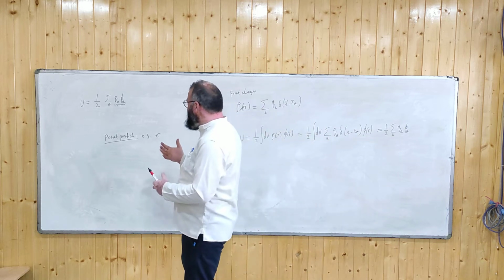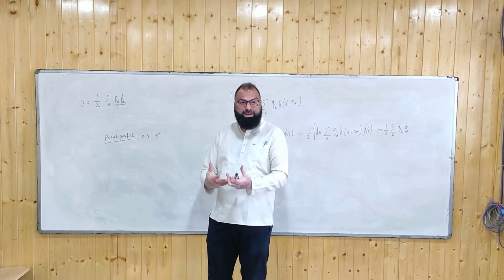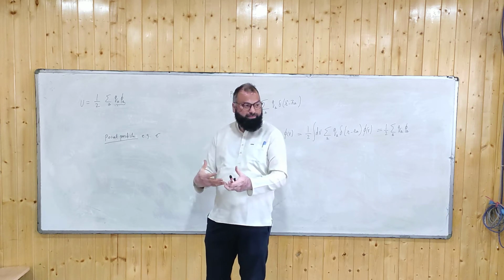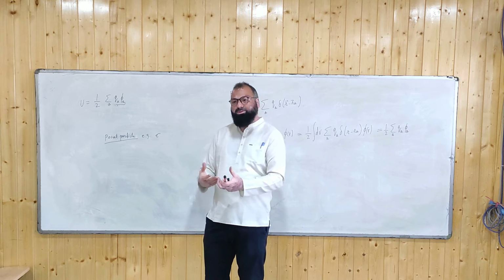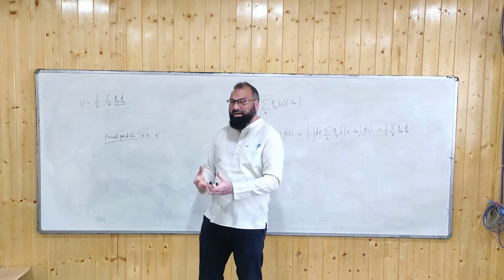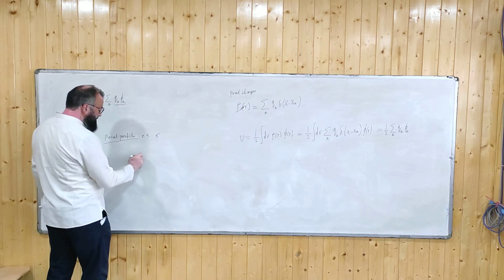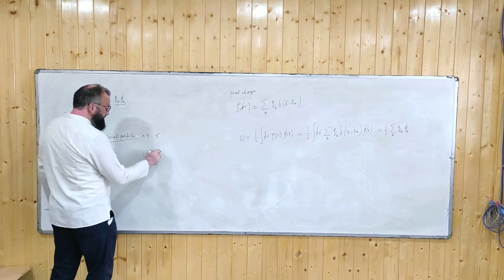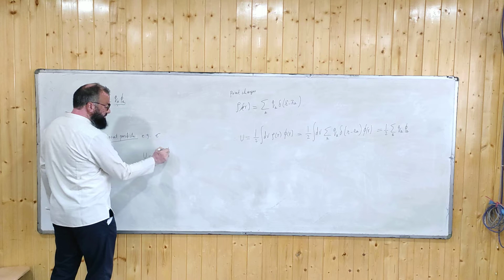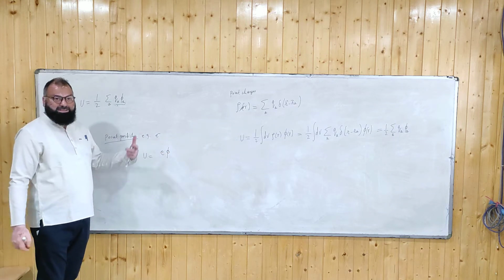Let's calculate the amount of energy stored in the field of the electron. Since the electron carries a charge, it will create a field around itself. So let's calculate the amount of energy stored in that very field. How much will that be? You multiply the charge e by some potential, and this potential is created by the electron itself.